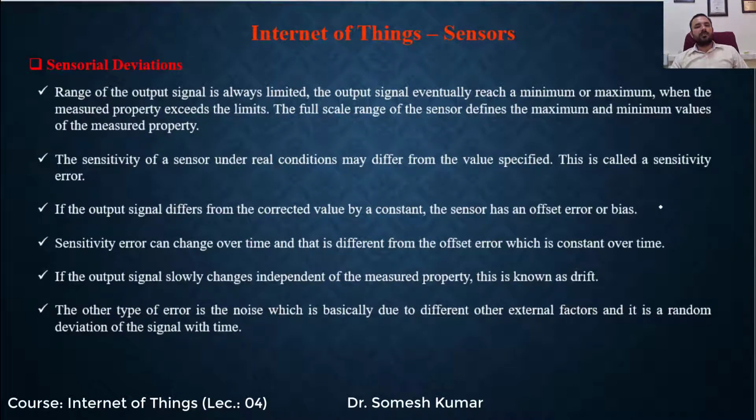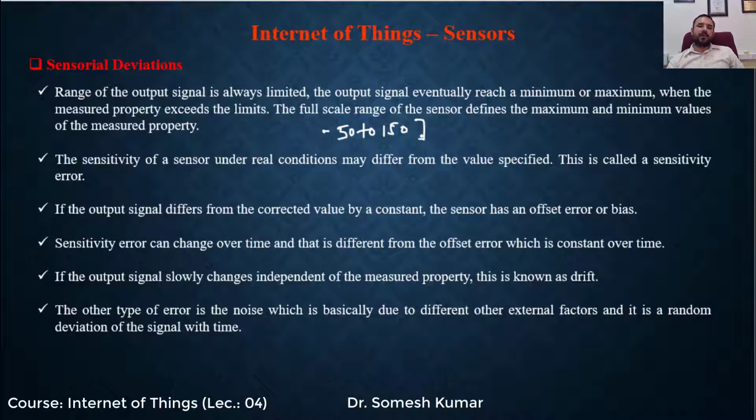Next one is the sensor range. Basically, one sensor can sense the temperature from minus 50 degrees Celsius to 150 degrees Celsius. Here minus 50 is the minimum temperature or minimum range, and 150 is the maximum range.